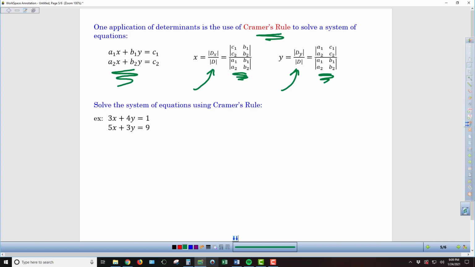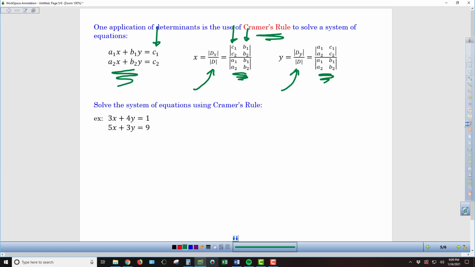In the numerator, for finding x, we're going to replace the coefficients that are in front of x with the constants on the other side of the equation, but we're going to keep the y coefficients. So for the x version, D sub x, we're swapping out the coefficients from x and replacing them with the constants on the other side.